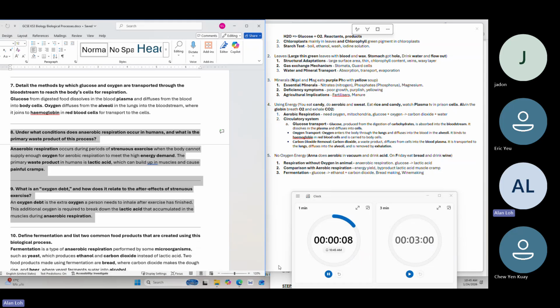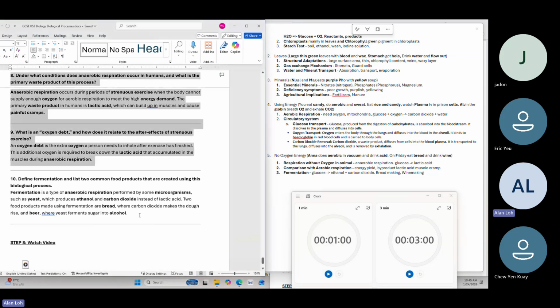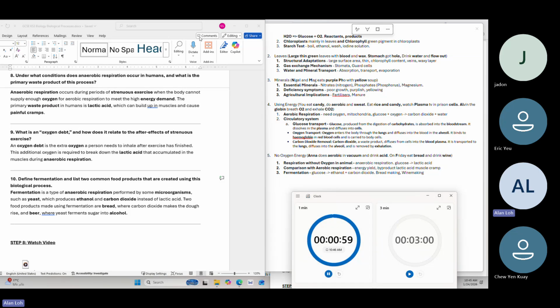Okay, last question. Fermentation. Drawer number 5. 30 seconds. Okay, done.